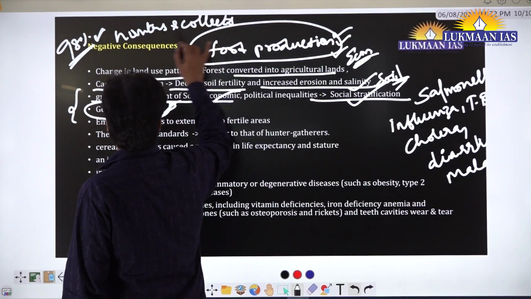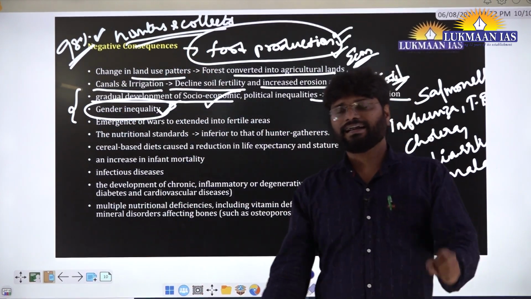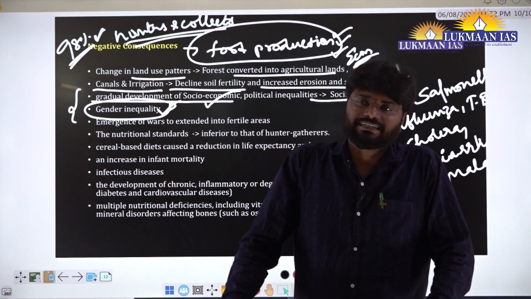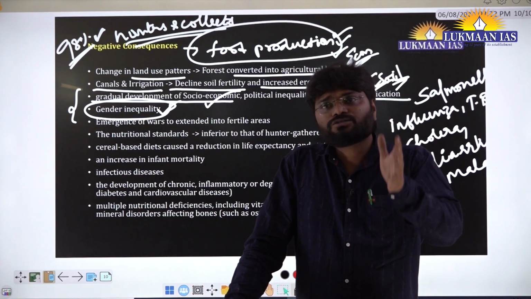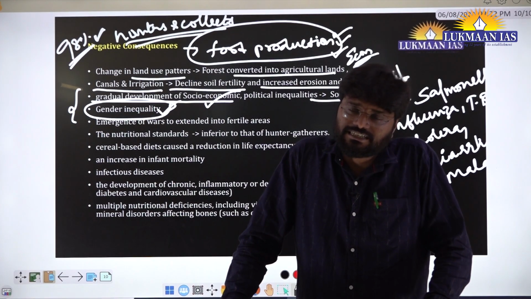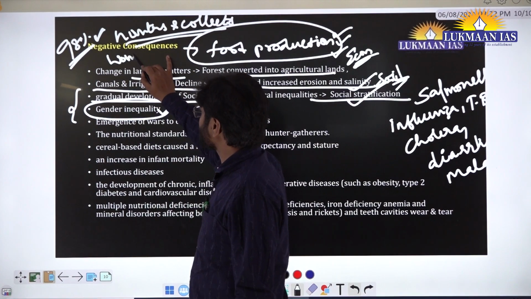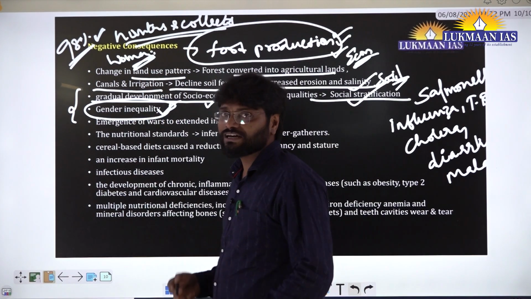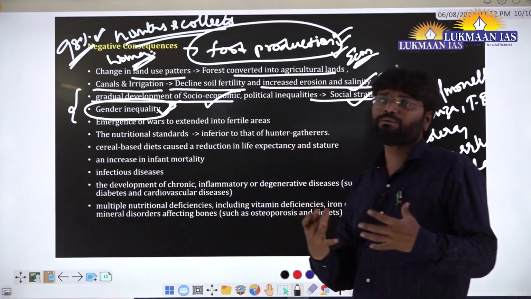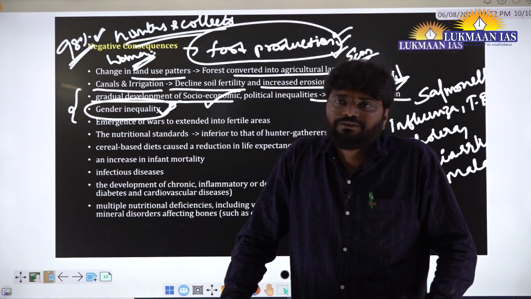Here the division of labor was that men generally did hunting of animals or more laborious activities. Women were also equal contributors in the form of collecting plant stuff and so on. That means women could survive economically without the help of males. She could bring her own food for her survival.